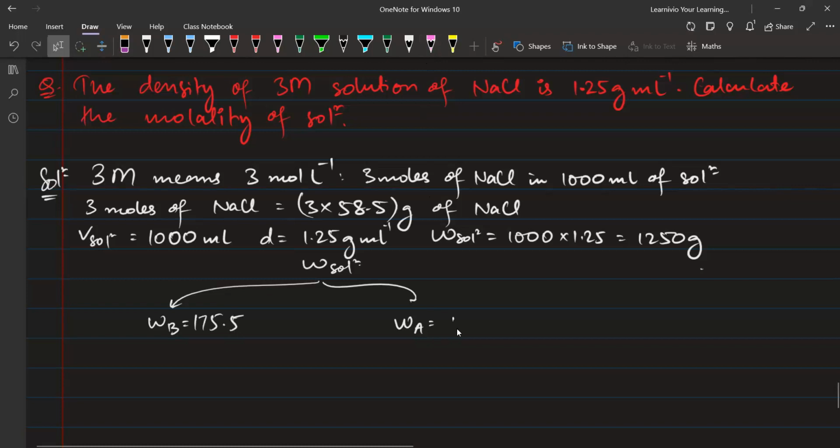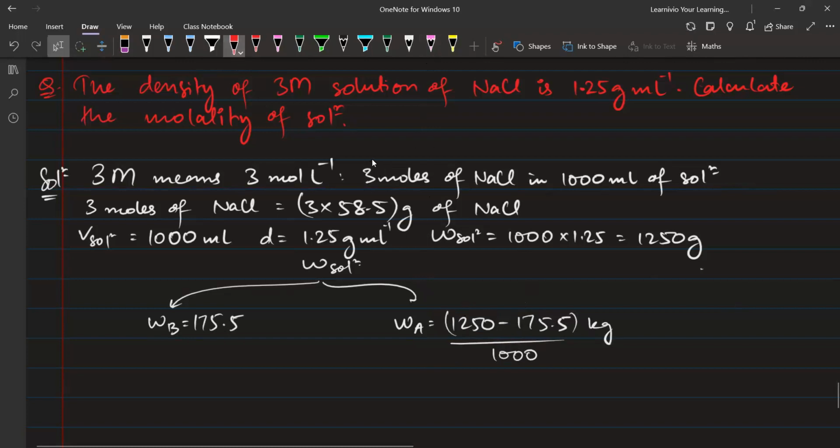So mass of solvent will be 1250 minus 175.5. Correct? Because this is the mass of solution, minus the mass of solute, we will get the mass of solvent. Make sense? All of these values are in grams, so I will divide this by 1000 and I will get this in kg.